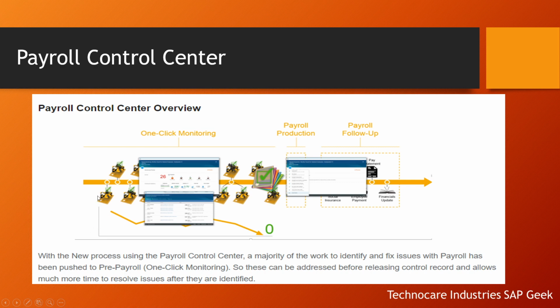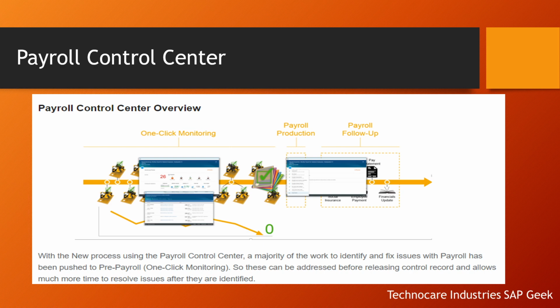As soon as a new employee is hired or any master data change has happened, the system has the capability to trigger different alerts to the respective payroll admins, who then check those alerts and make the master data changes according to whatever solutions are required. All this activity is pushed to pre-payroll. Pre-payroll means my control record is not yet released for payroll, I have not started the productive payroll.